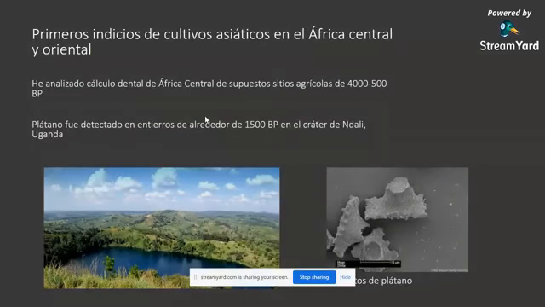So there's a lot to figure out, like how did it get to Uganda? Did it come along the Swahili coast? Was it through Ethiopia? Was it through India, which was an early user of banana, as well as the other Southeast Asian foods?